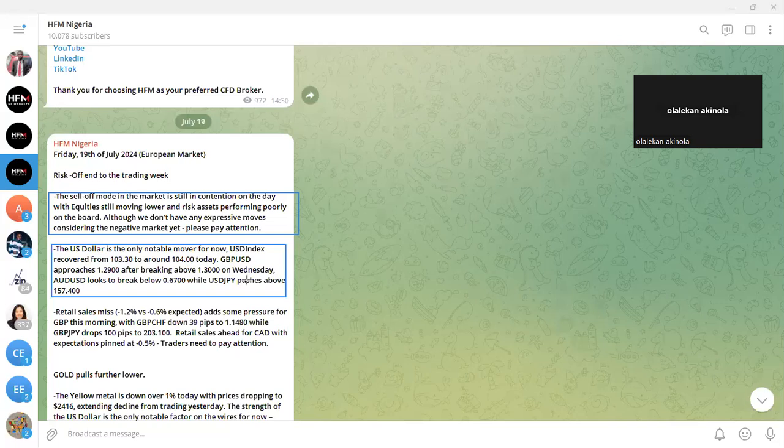USD index recovered from 103.30 to about 104.00 today. Pound USD is approaching 1.2900 after breaking above 1.300 on Wednesday. AUD USD looks to break below 0.6700, while USD JPY pushes above 157.400. Clearly talking about the current exploit of the US dollar in the market.